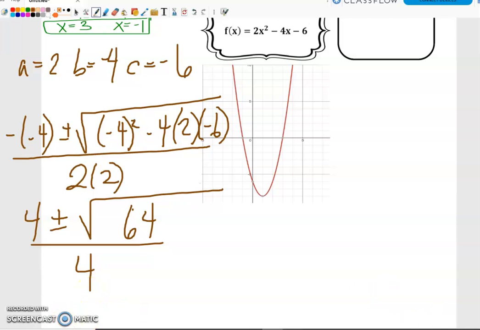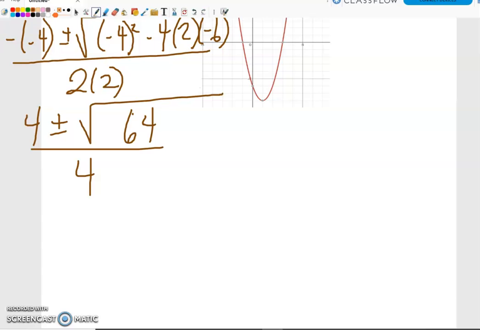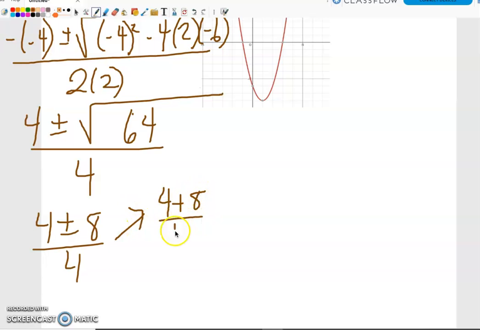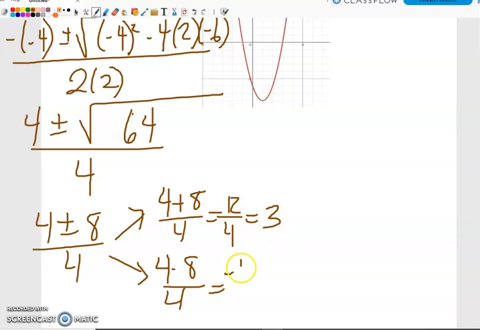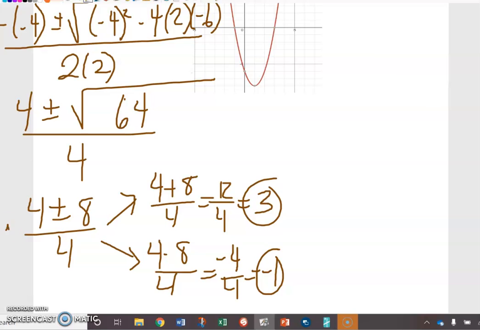So that's going to be 4 plus or minus 8 over 4. So 4 plus 8 and 4 minus 8. That's going to be 12 over 4, which is 3. And that's going to be negative 4 over 4, which is negative 1. And so those are our x values.